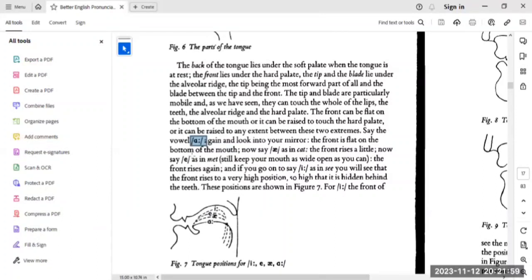Now look here, the sound like met, like this. Your tongue, or your front part, rises again. If you say E like C, you will see that the front rises to a very high position.